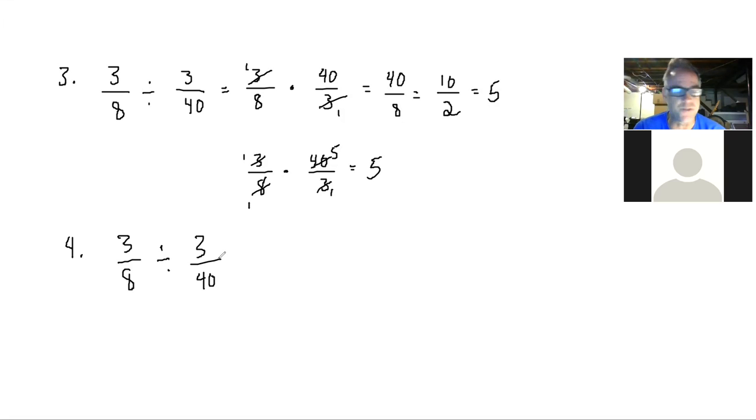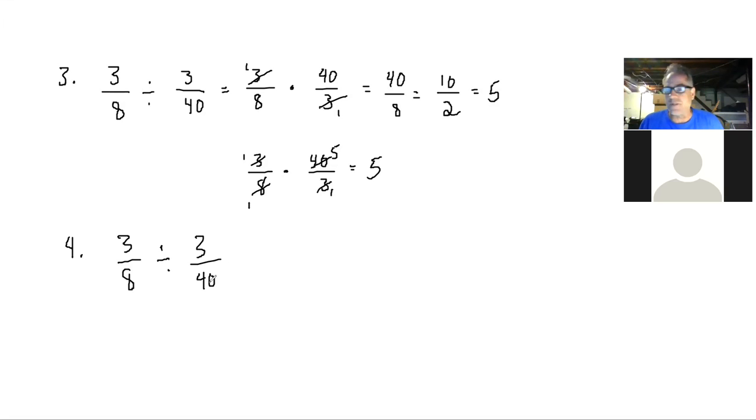So that's the instruction. You're dividing. Then when you look at the problem itself, you'll see the divide symbol, and it reads 3/8 divided by 3/40. So you're dividing, in 2 different ways.